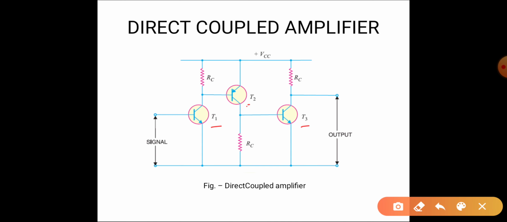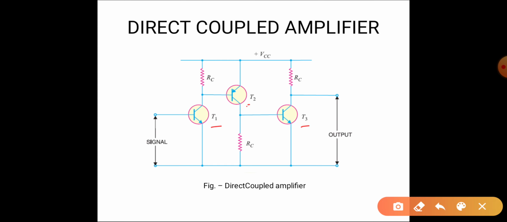When you remove the capacitors from RC coupled amplifier, then it will be a two-stage direct coupled amplifier. So when you remove the capacitors or transformers, or you can say the coupling device from your multi-stage amplifier, in the direct coupled amplifier you are not using any coupling device, whether it is a capacitor or a transformer.